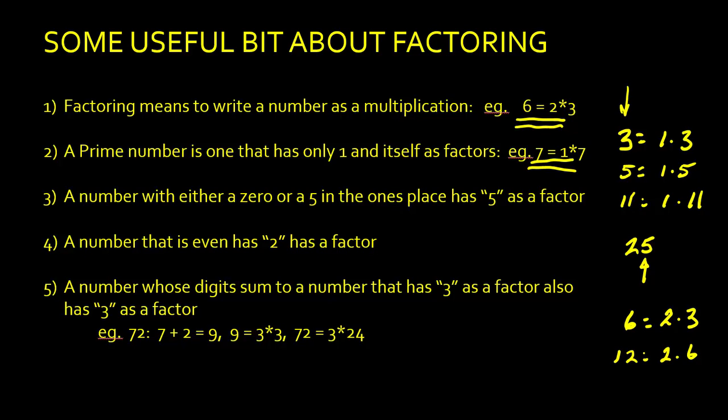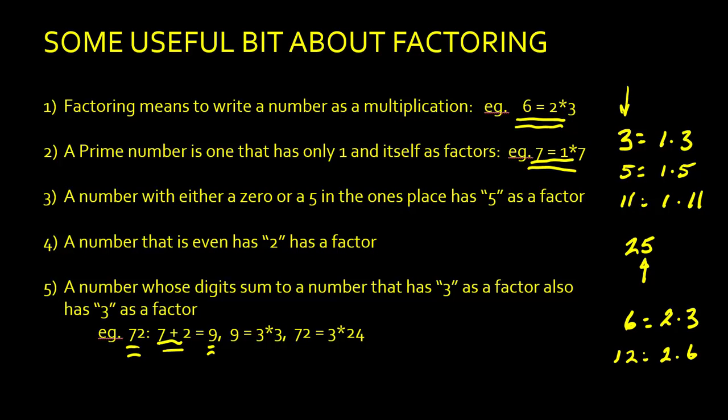And finally, a number whose digits sum to a number that has 3 as a factor also has 3 as a factor. We'll take 72 as an example. We add the 2 digits, that's 7 and 2. That adds up to 9.